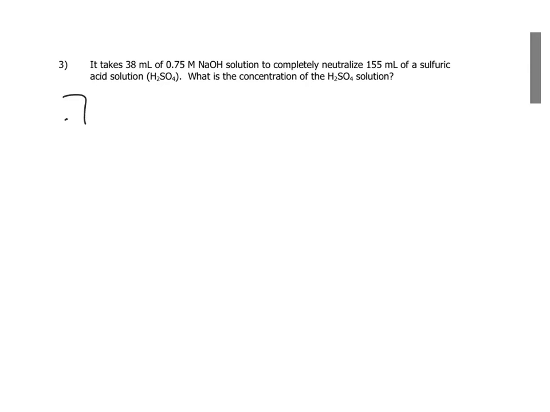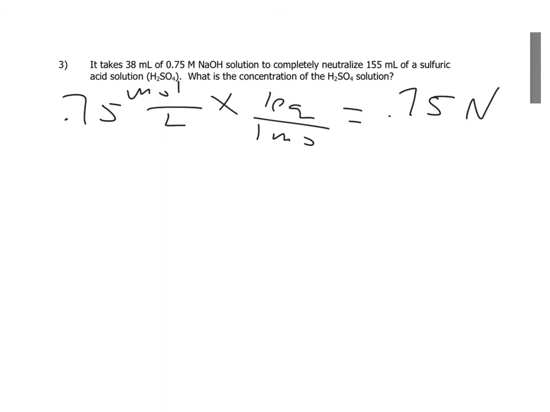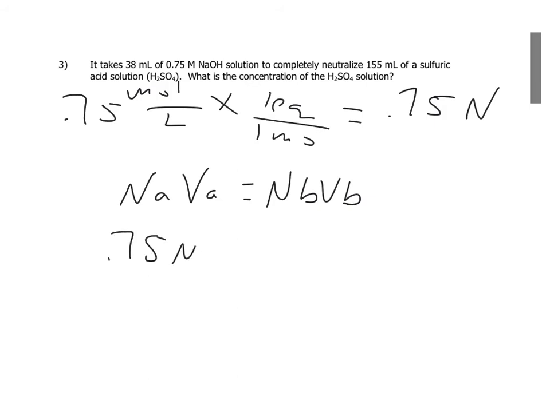Doing another problem, I've got an acid and a base. I have 0.75 molarity of NaOH, so that's going to be my moles over liters. NaOH, 1 mole has one equivalent, so I have 0.75 for my normality for my NaOH. I'm going to take my NaVa equals NbVb, and I'm going to put my 0.75 normality for my base.